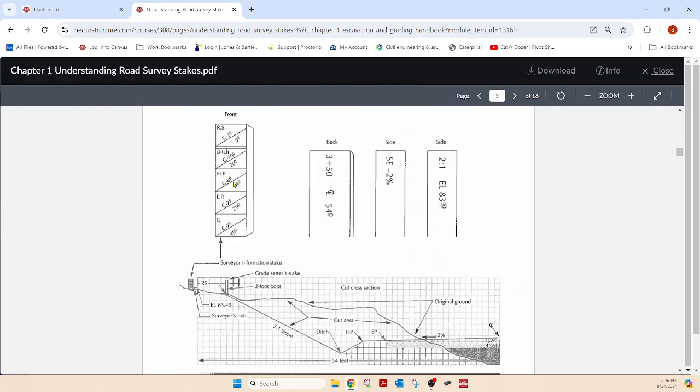So that's a distance of 4. And this is a distance of another 5 feet. That's plus 5. And this is a distance of 29 feet. And if you add those up, you get 20 plus 4 plus 5 plus 20, and you get 49 feet. So you see, that's a way to check, are we right? Is this adding up? Because one little mistake and it blows everything up.